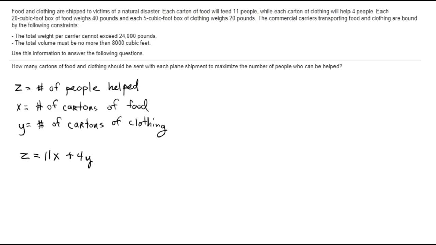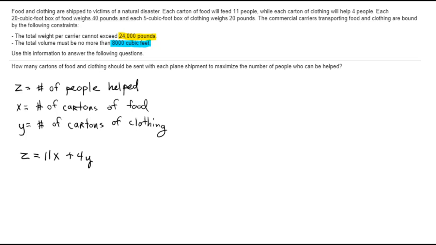Now what we need to do is set up our constraints. Our constraints are basically based on the pounds we're going to pack in the cartons. The total weight can be 24,000 pounds. And the size, or the cubic feet, has a maximum of 8,000 cubic feet.